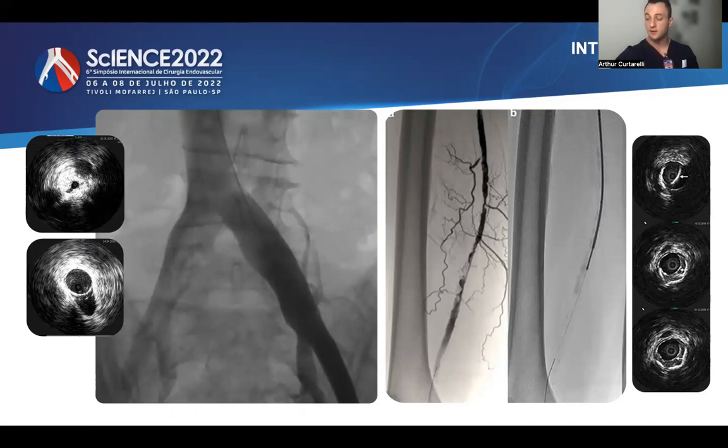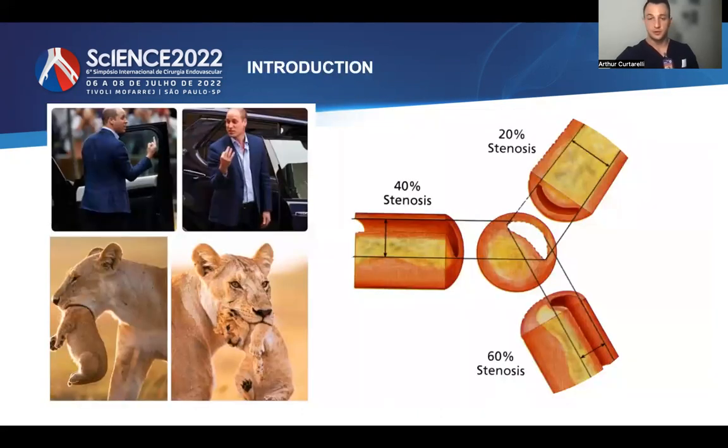So take a look at these two images. In the left image, you can see the angiographic and IVUS technical success after angioplasty, and in the right image, the importance of IVUS to define the size of the device and to have control after the procedure. The pancake effect is very famous.